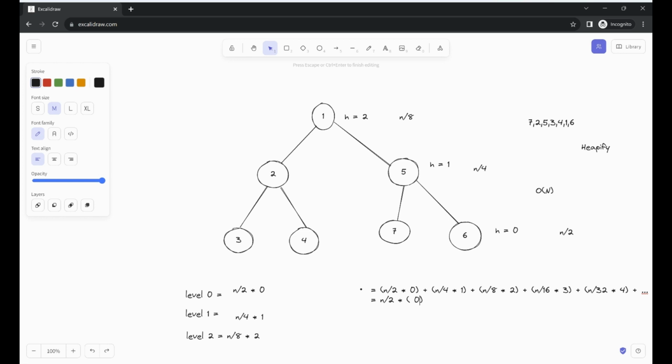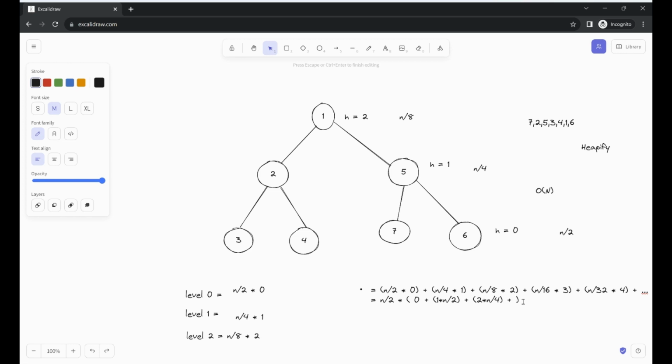We first have 0, plus 1 into n by 2. Then I have 2 into n by 4, because I've taken n by 2 out, so n by 8 becomes n by 4.